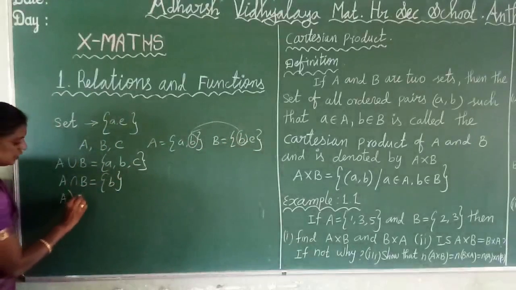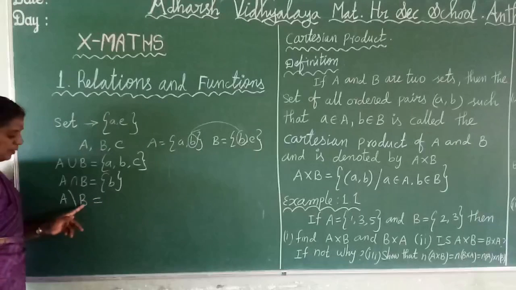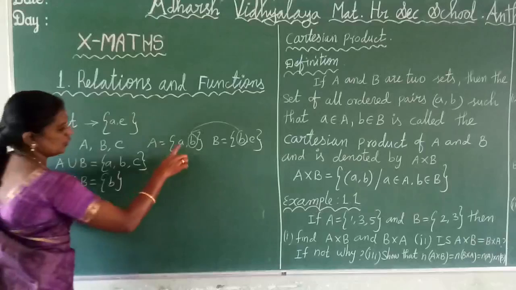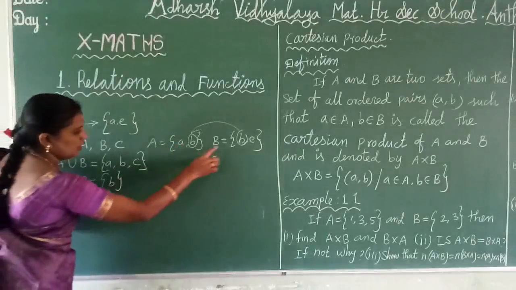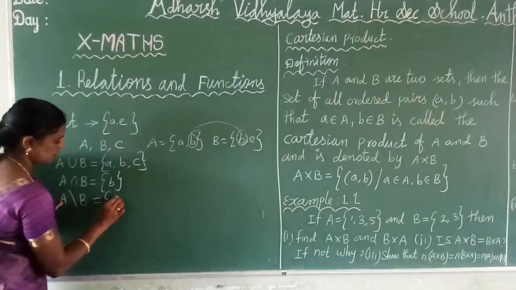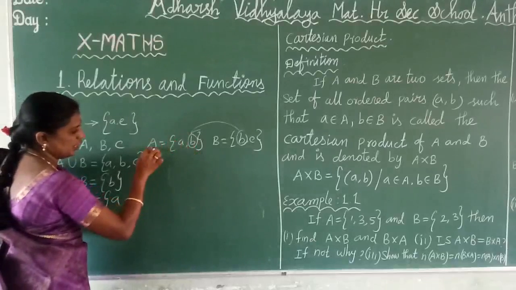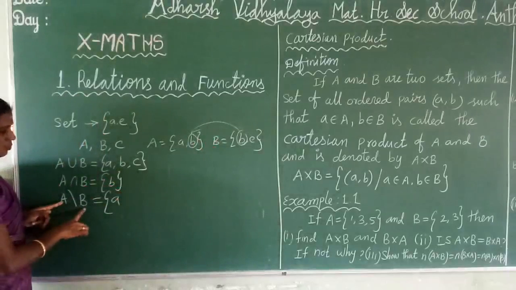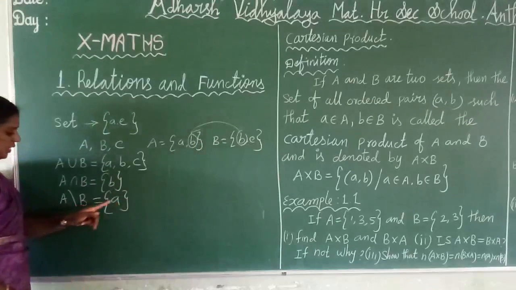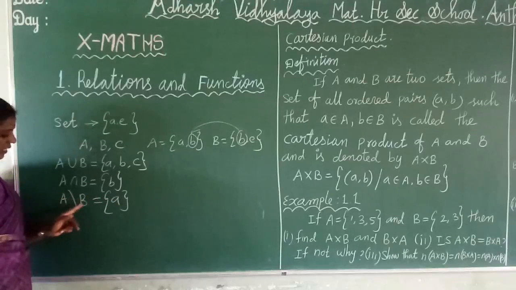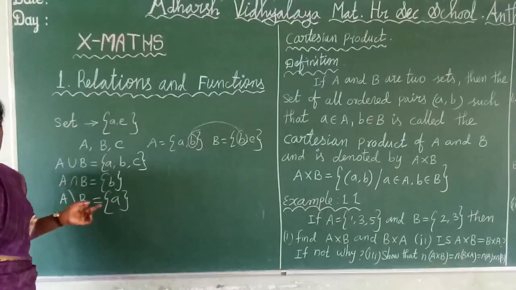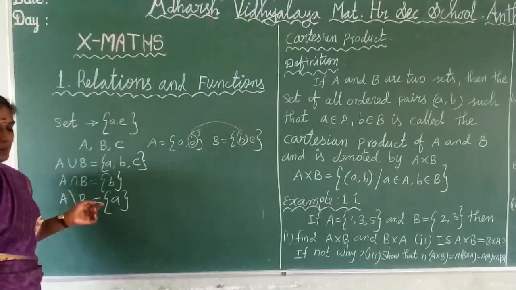And difference, A difference B. The elements belong to A but do not belong to B. Here, does a belong to B? No. So a. Here b belongs to A and b belongs to B, so b is not in A difference B. So the elements belong to A but not to B. This is A difference B. And the formations: roster form, set builder form, descriptive form.